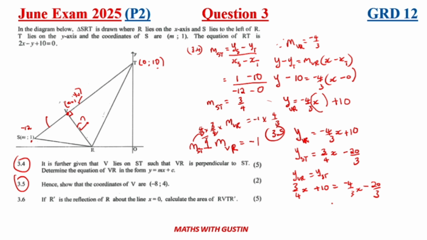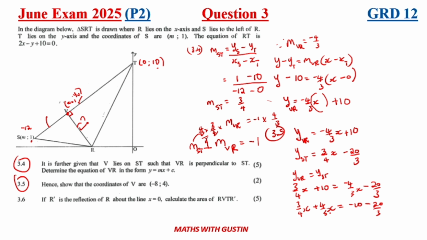So therefore what you can do is solve for x. You take all the x to this side, then take all the numbers to the other side. So 3 over 4 x plus 4 over 3x is equal to negative 10 minus 20 all over 3.